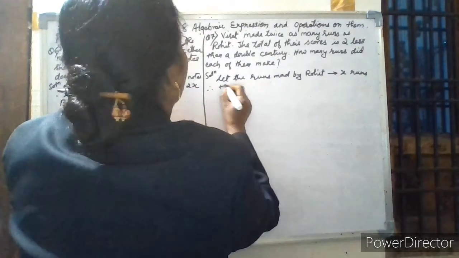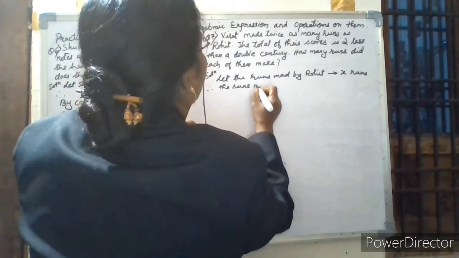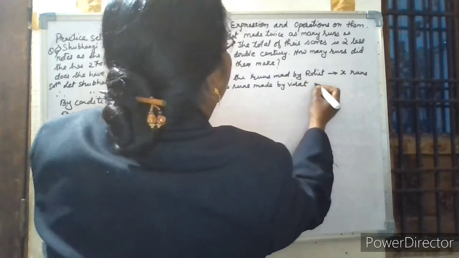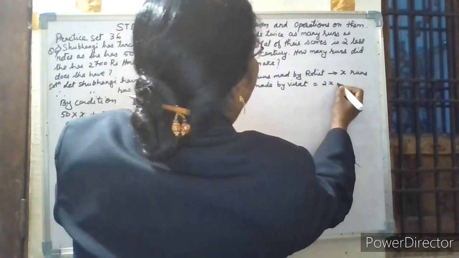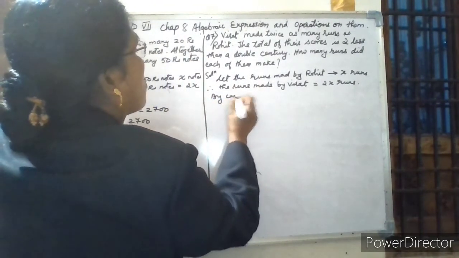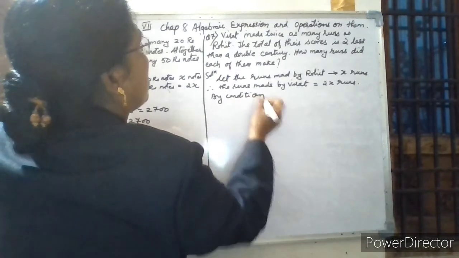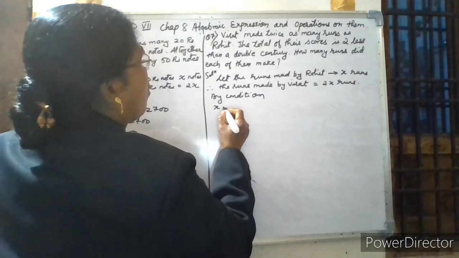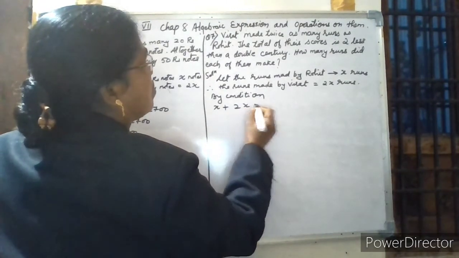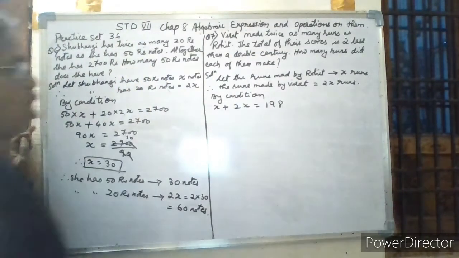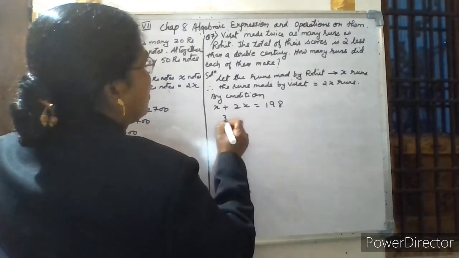Then therefore the runs made by Virat is equal to 2x runs. So by condition, total runs made, I showed you how it is 198. That is x plus 2x is equal to 198, that is 2 less than double the century. X plus 2x will give you 3x is equal to 198.